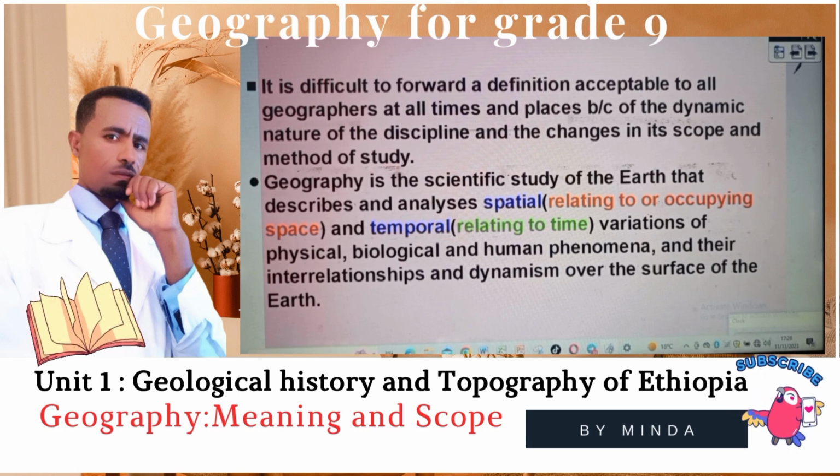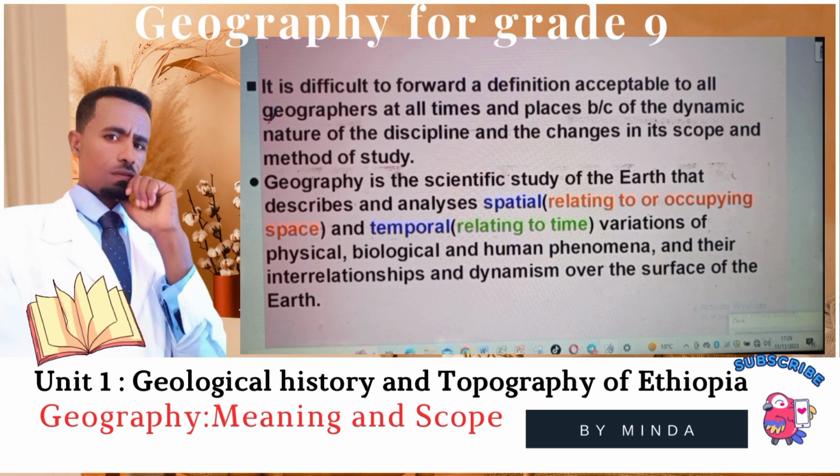It is difficult to forward a definition acceptable to all geographers at all times and places because of the dynamic nature of the discipline and changes in its scope and method of study.